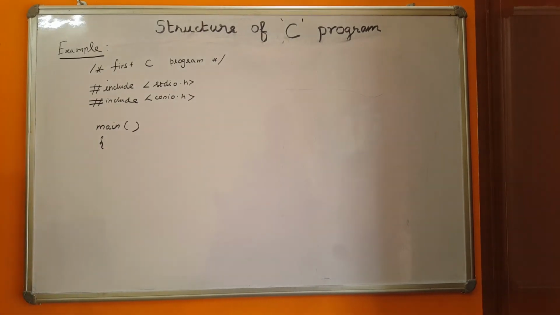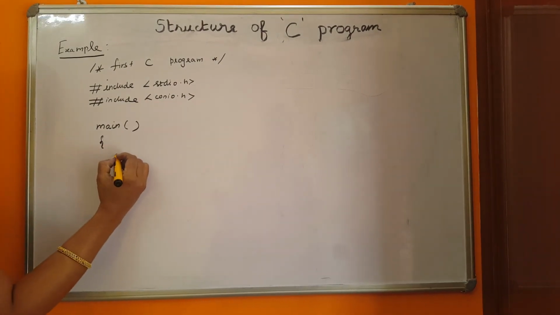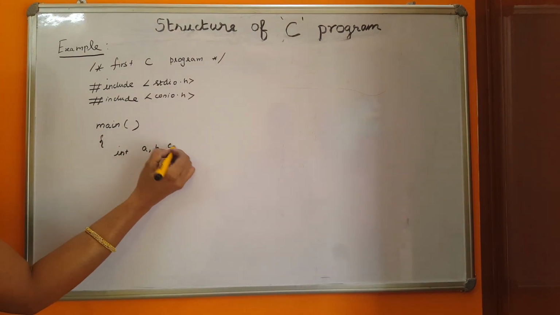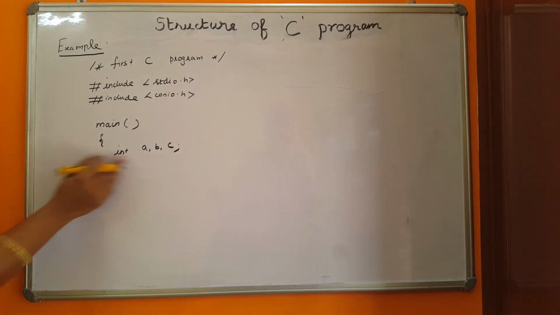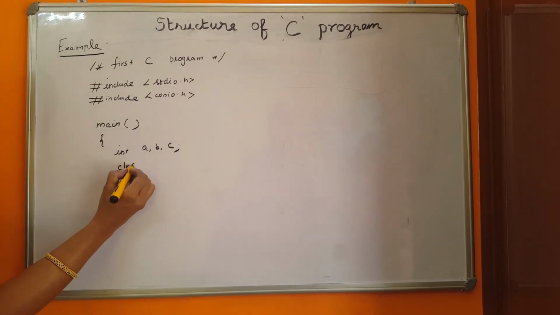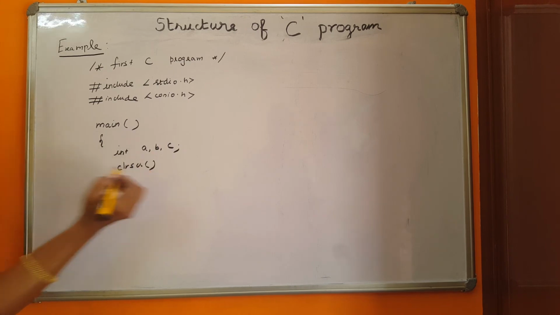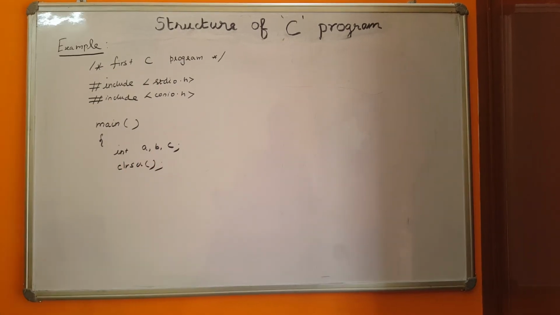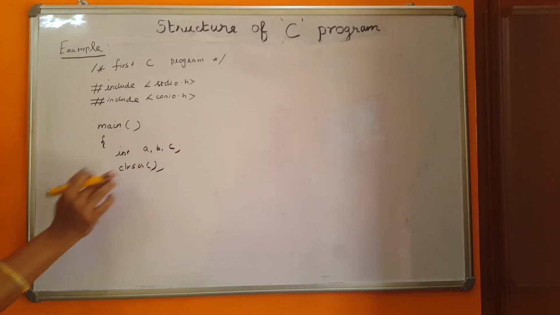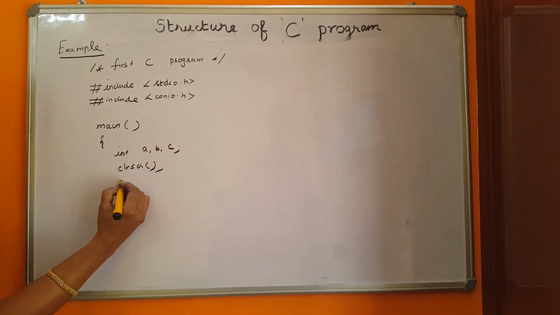This is main function section. In this section, the variables are declared here. This is declaration part. Then executable part, the first statement is clrscr. It is used to clear the screen. In main function, all these statements are terminated by semicolon.